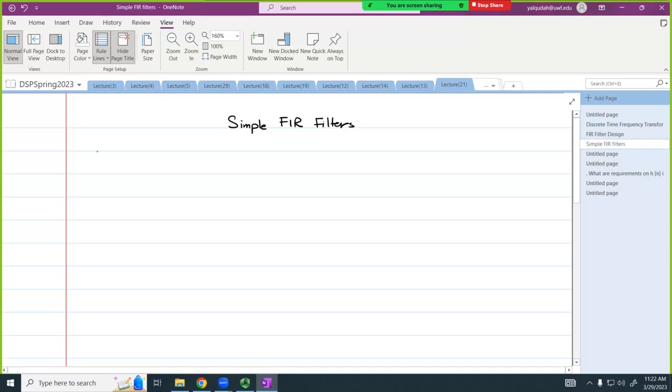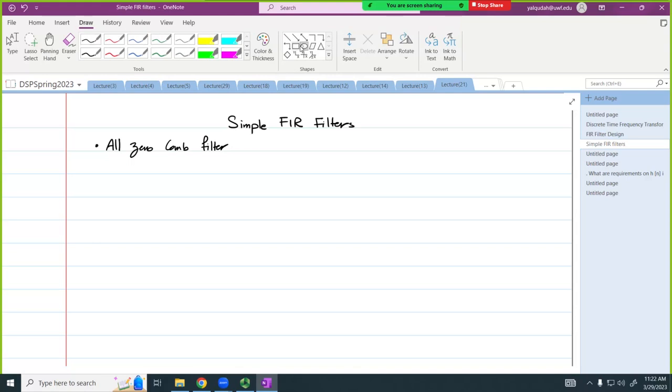The first filter that we're going to look at is the all zero comb filter. What does that filter look like? Anybody remember that from the IIR filter?